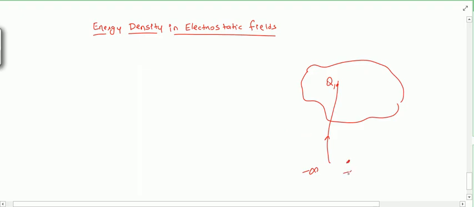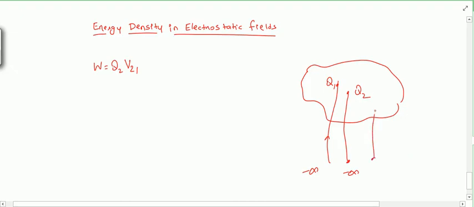Now if I move another charge, also from infinity, due to the first charge it will have some electric field in this region, so I have to do some work, and that work will be given as q2 into v21. If you remember, it is nothing but v2 minus v1, because it will have some potential due to the charge q1.